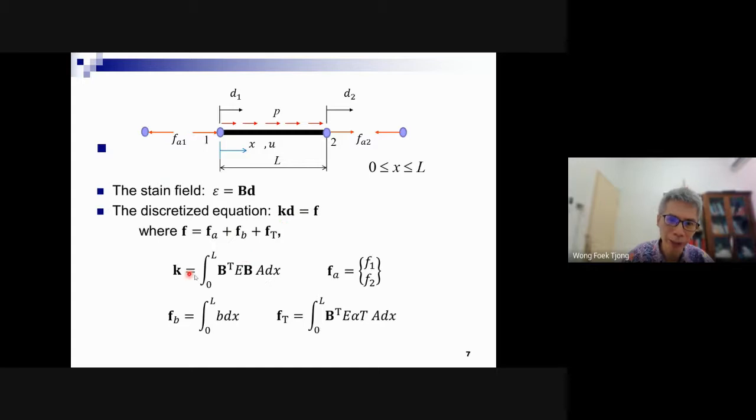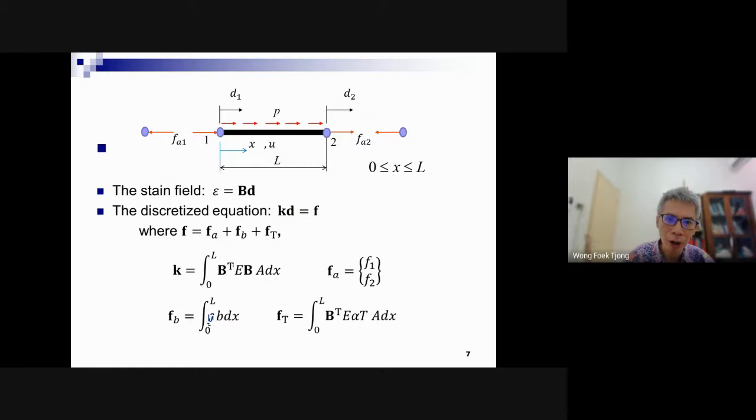But what is K? This one. What is FA? FA1, FA2. What is B? Oh, this is wrong. N transpose, right? So this should be N transpose. N transpose B dx, and then this is due to temperature. N transpose EA alpha.